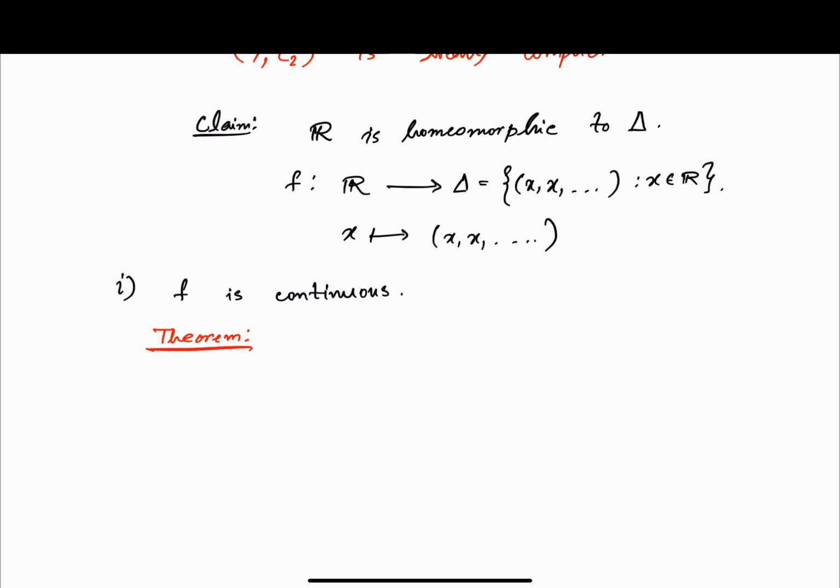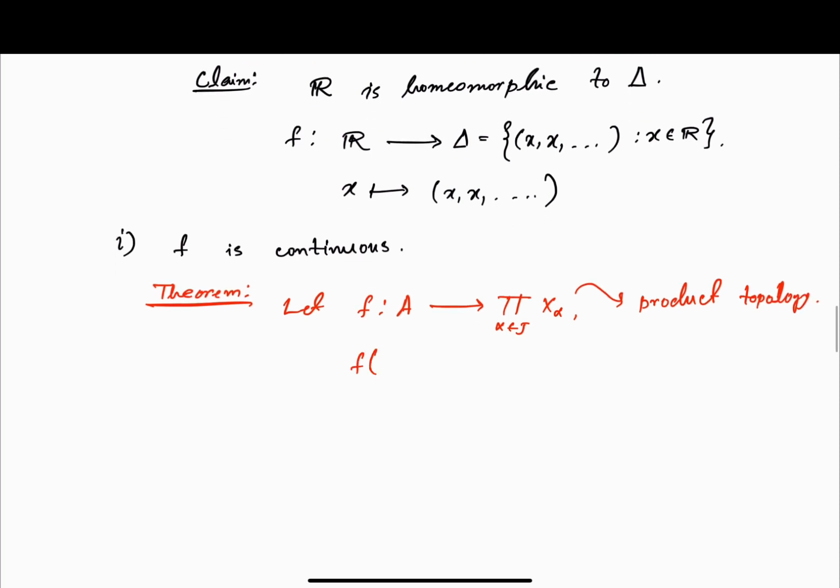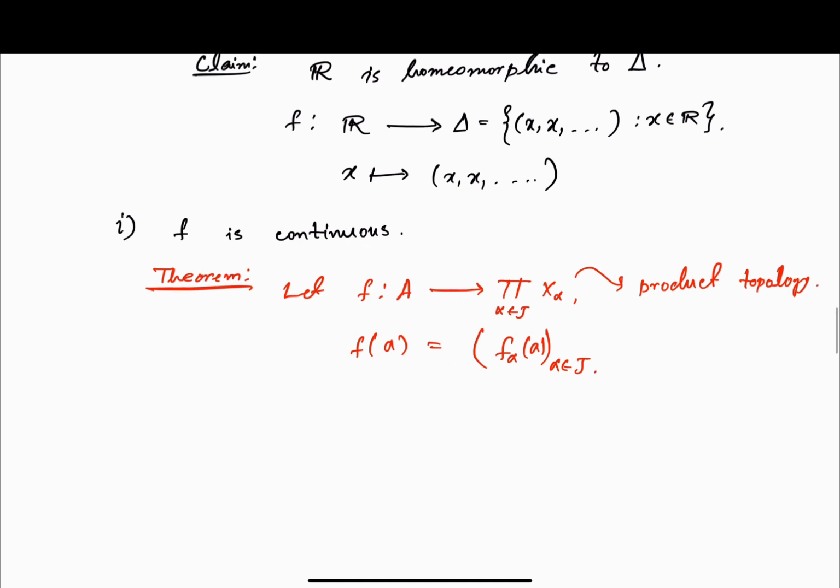This is one theorem for the product topology: let f from A to the product space of X alpha, alpha belongs to J, which is given the product topology, and suppose f of a sends to (f alpha of a), where alpha belongs to J and each f alpha is a map from A to X alpha.